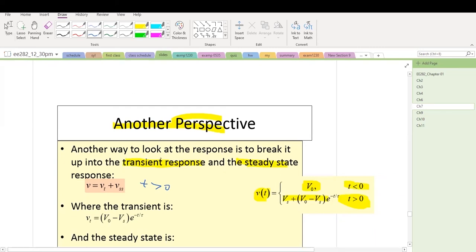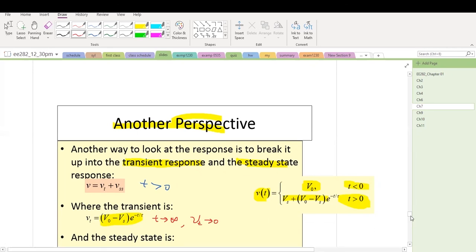One portion is the transient response, the other is the steady-state response. The transient response is this portion. Eventually, this portion will go to 0 when time goes to infinity.